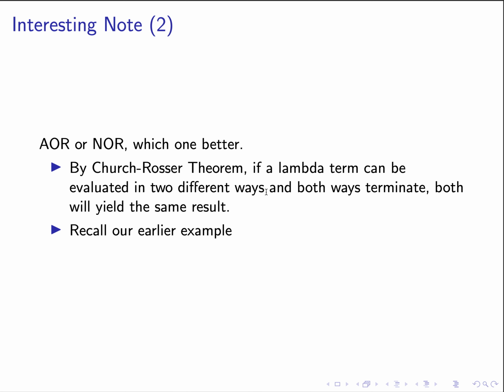It says that if a lambda term can be evaluated in two different ways, and both ways terminate, then both give you the same result. So it doesn't matter which order you choose. If a lambda term terminates, eventually they will give you the same result. For example, in the earlier example, they gave the same output.